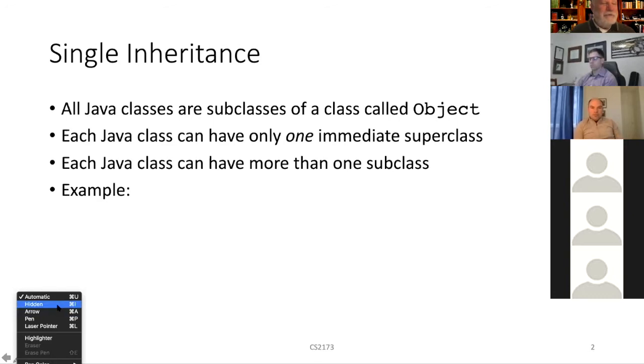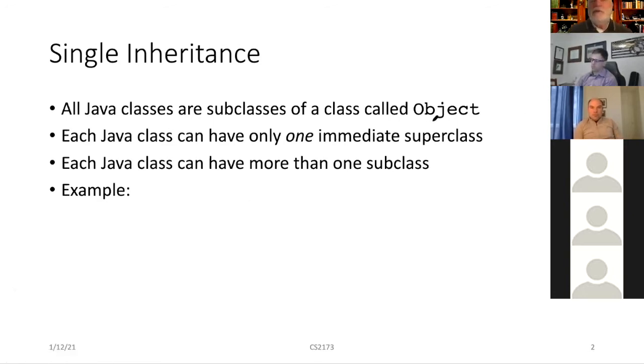Okay, now this is where things get confused. Notice the type. I've tried to put it in monotype. There is a class called Object. Note the capital O. And I wish they'd chosen a different term. But Object with a capital O is the name of a class in Java.